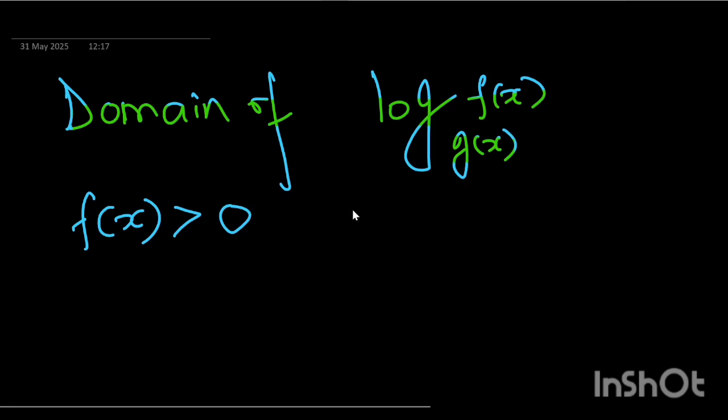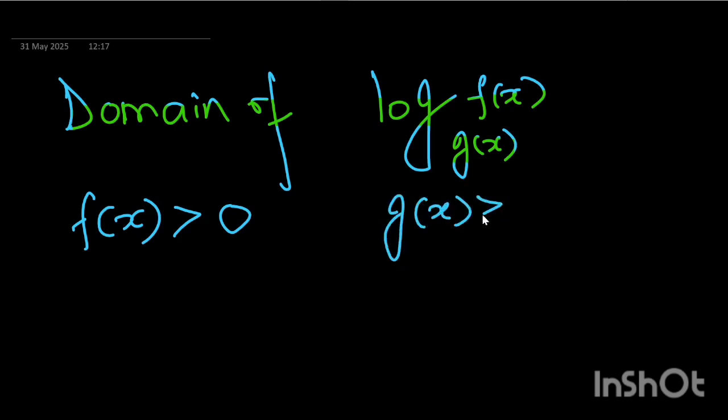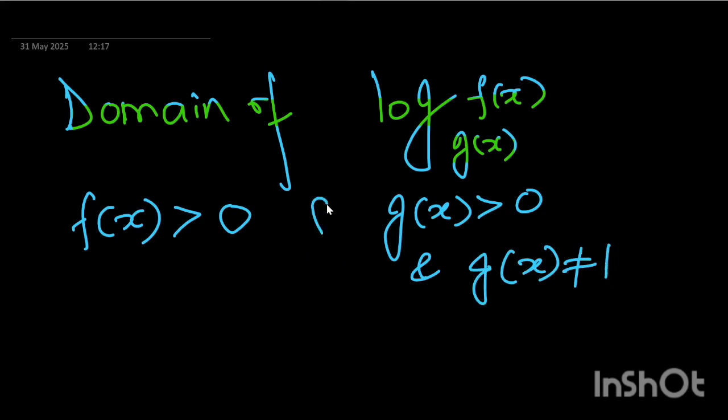What about g(x)? Yes, g(x) should be greater than 0. And one more thing, g(x) should not be equal to 1. So in case of the domain of log f(x) base g(x), we need to impose 3 constraints, and you have to take the intersection of everything.